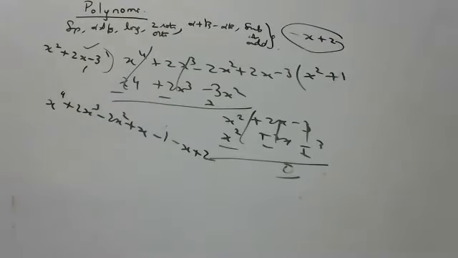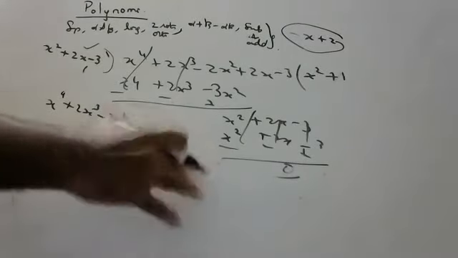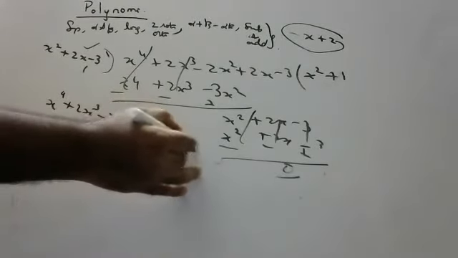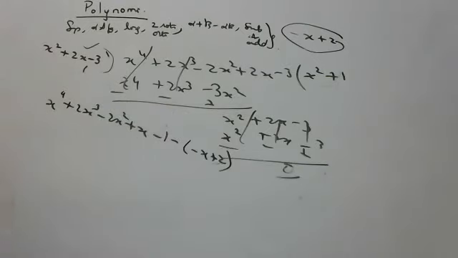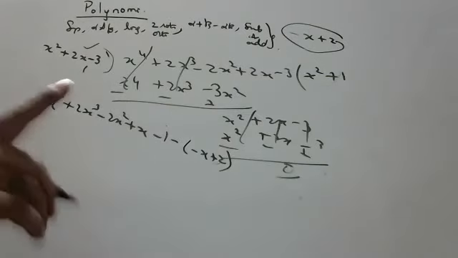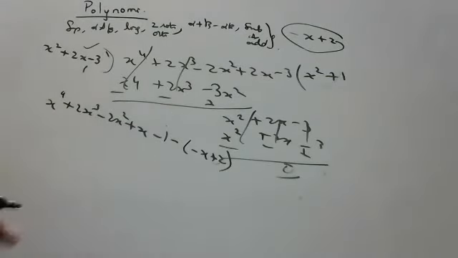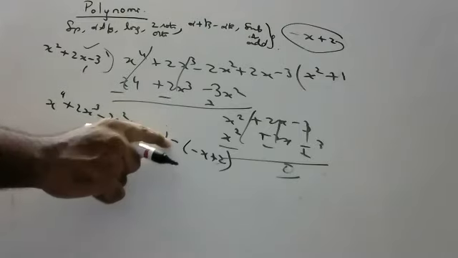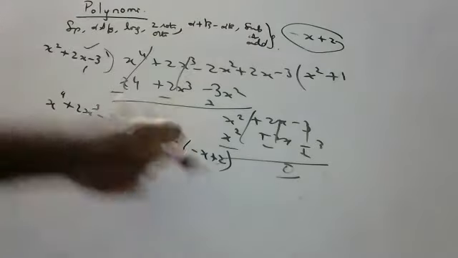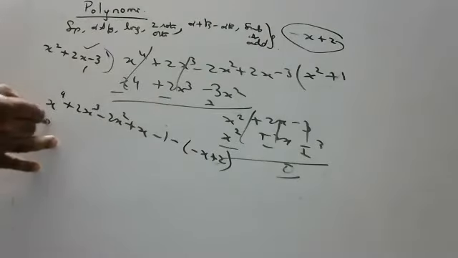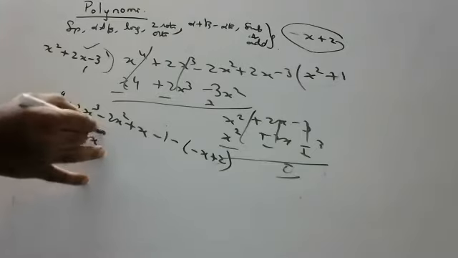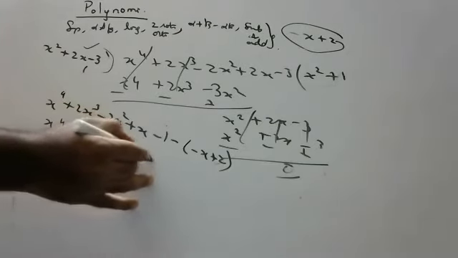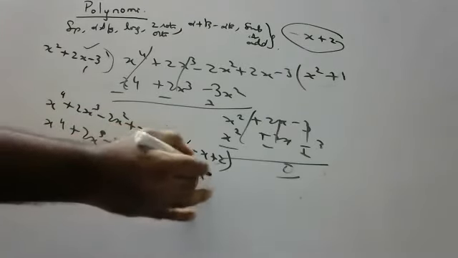What must be added means you should change the signs. What should be subtracted means this remainder as it is, you subtract directly. So what you will get? x4 plus 2x3 minus 2x2 plus x minus 1 plus x minus 2.